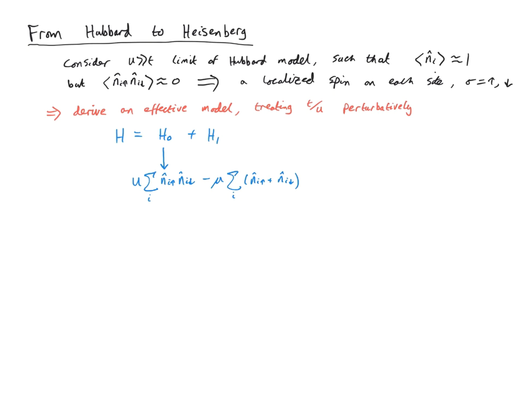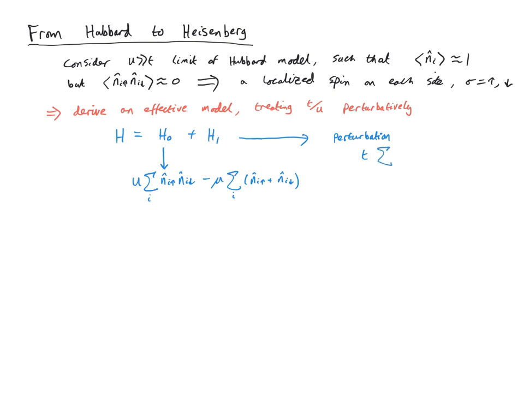So we're going to need to include the chemical potential here, and we also want to include, of course, the strong Coulomb interaction. And both of those two terms are part of H0. H1 is our perturbation, which will be controlled in the small parameter t.